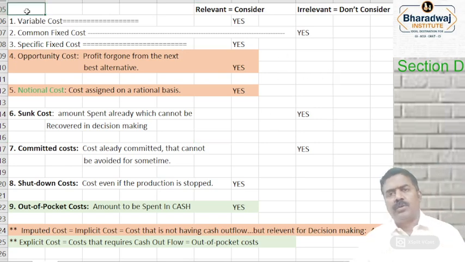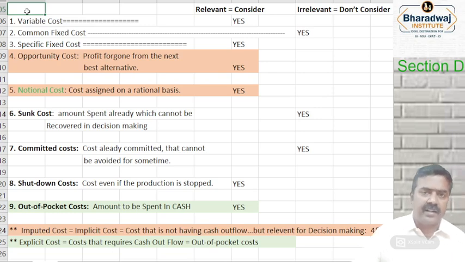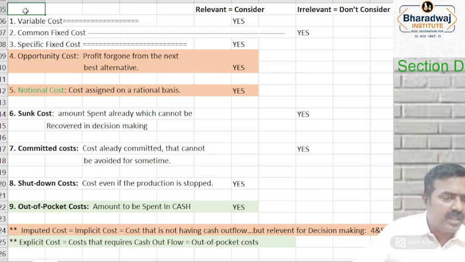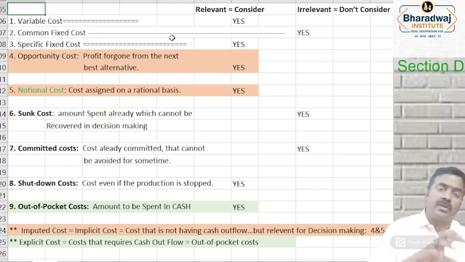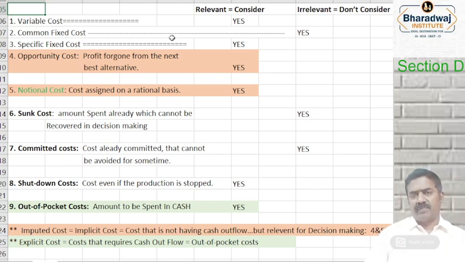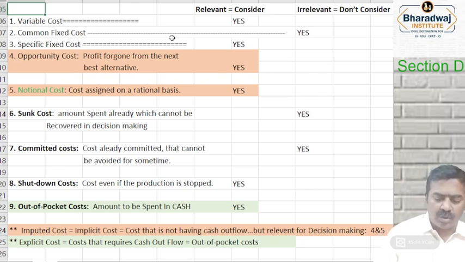Today we learned about three classifications of cost. One is based on relationship: direct and indirect. Second is based on behavior: variable, fixed, semi-variable, that is mixed cost, and step cost. Then we saw the cost that is relevant for decision making and irrelevant for decision making. Next, we are going to learn about grouping of cost: how the costs are grouped for the purpose of control, how the costs are assigned, and how the costs are decided. That we will see tomorrow or in the next class.